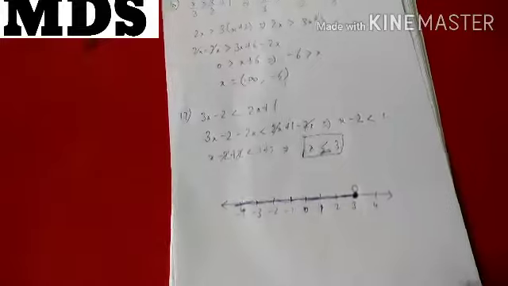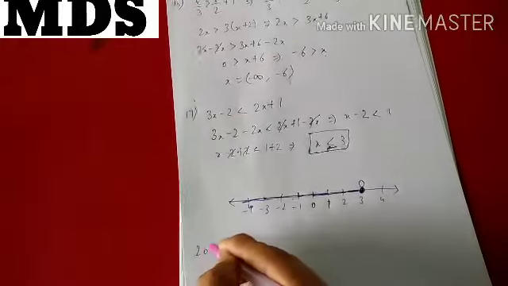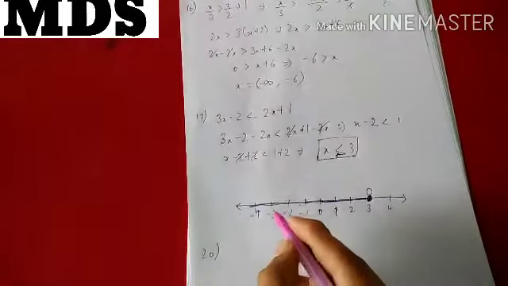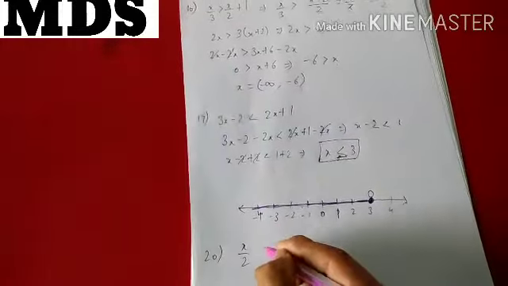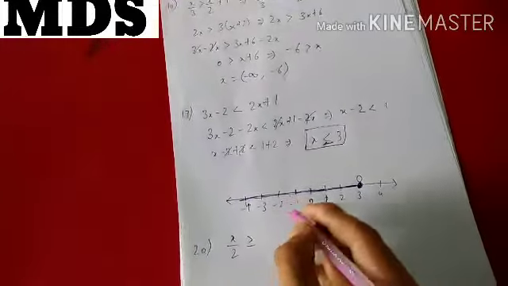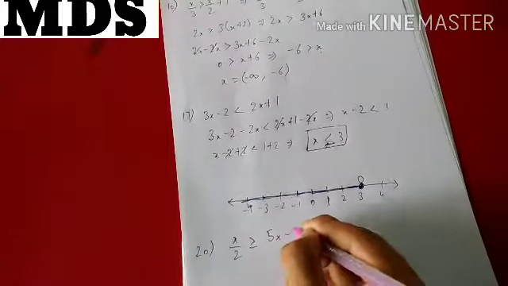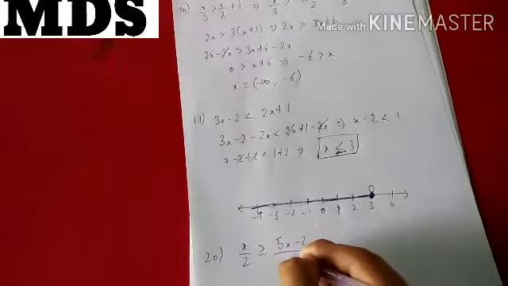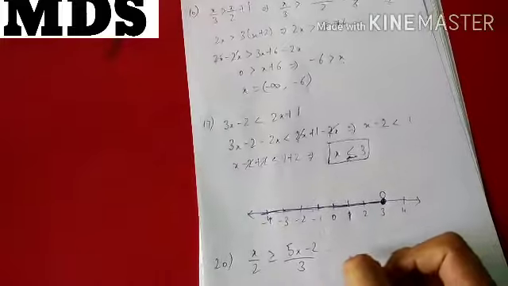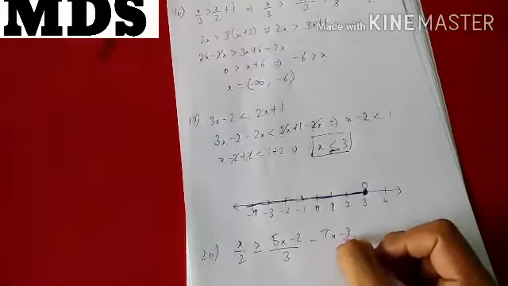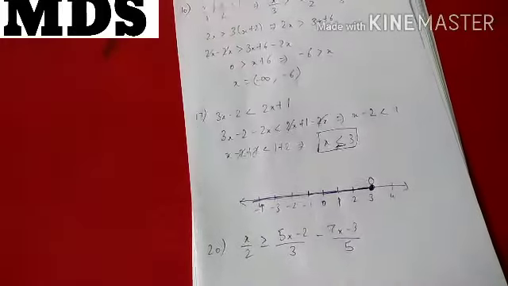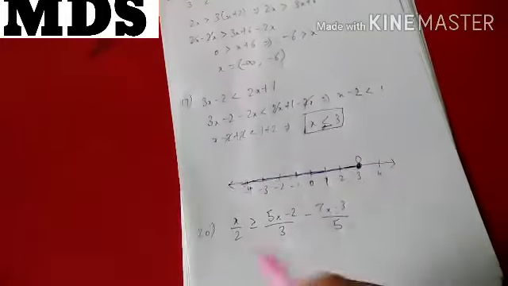Now we are solving the 20th question. In 20 they have given x by 2 greater than or equal to (5x minus 2) by 3 minus (7x minus 3) by 5. Okay, first of all we will take the LCM here.